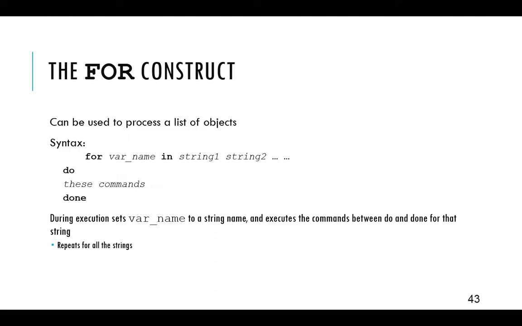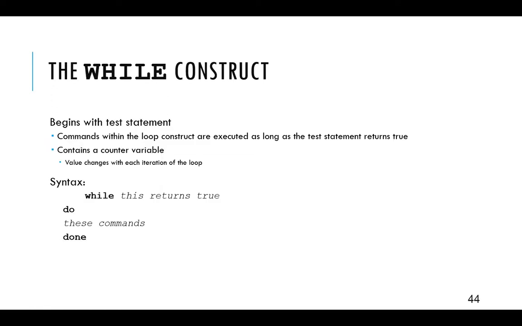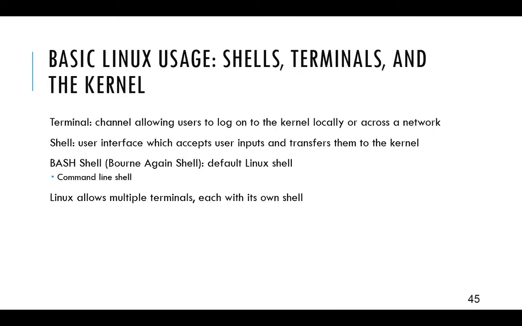For example, for whatever the variable name in this string, do these. Notice this is different than Java, right? And then you have done once you're done with that for loop. The while that condition is true, do these. Then I'm done with that loop. All right?